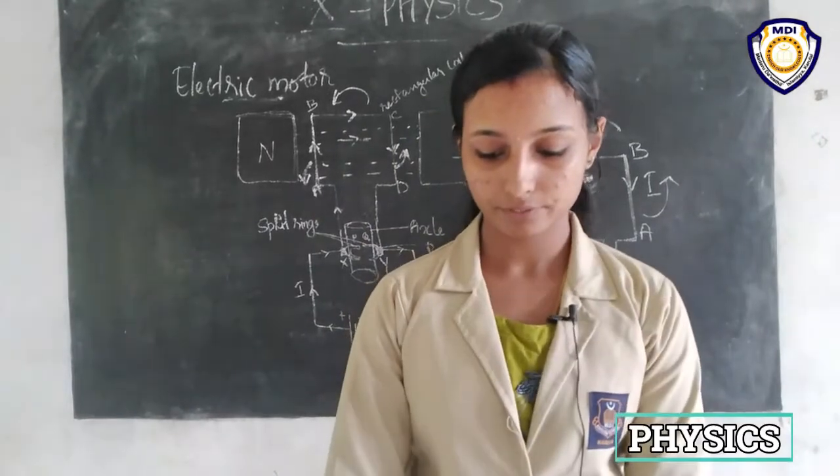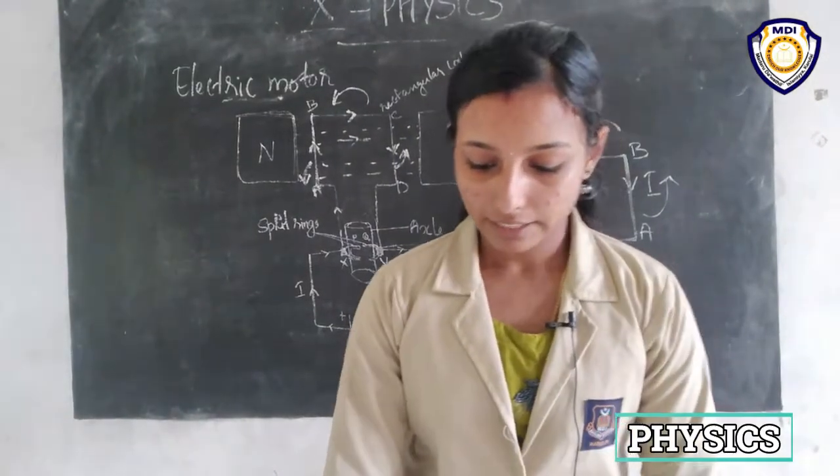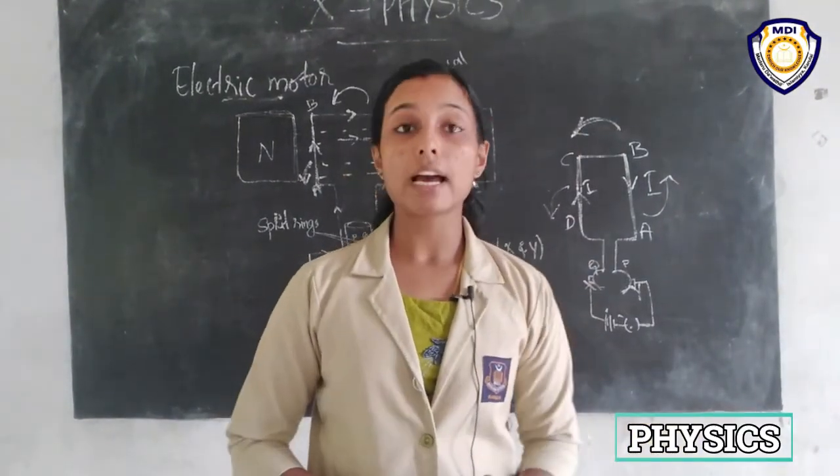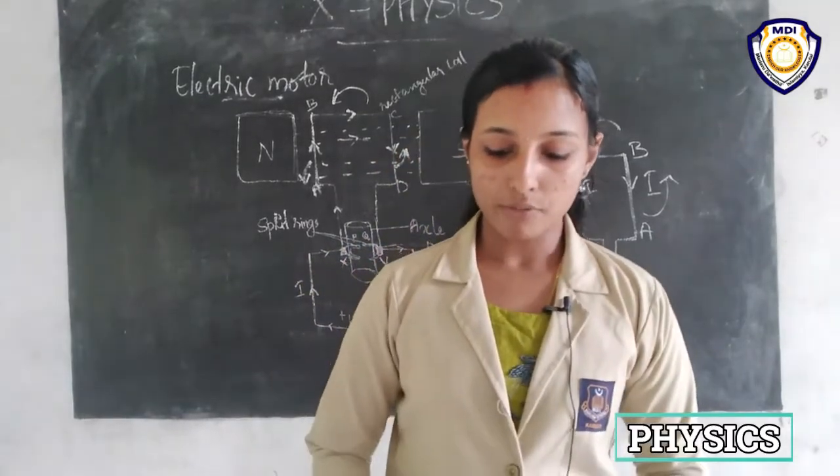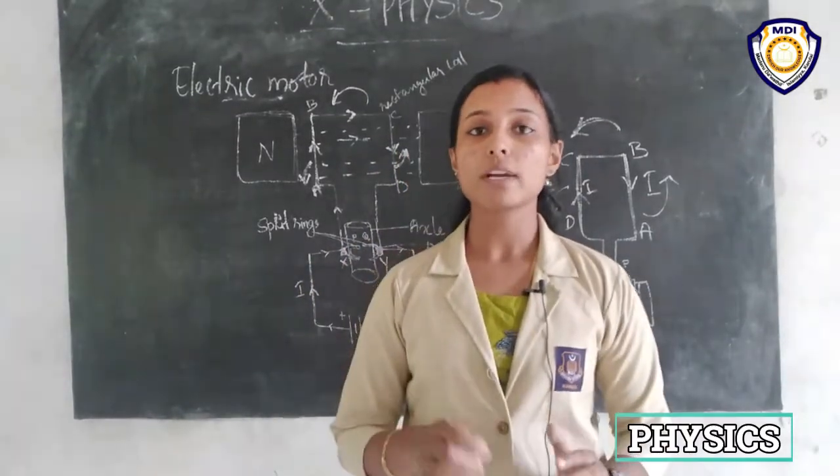And the ends of the coil are connected to the two halves P and Q of a split ring.